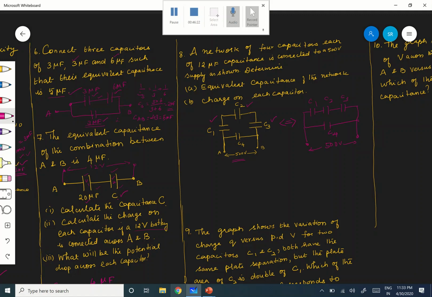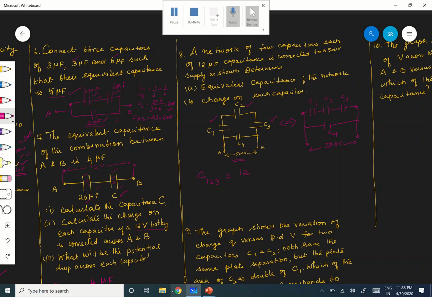Now you tell me what is the equivalent capacitance of C1, C2, C3. Let it be C123. C123 is the equivalent capacitance of C1, C2 and C3. What is C123? All are 12, 12, 12 only. How many are there? 3.